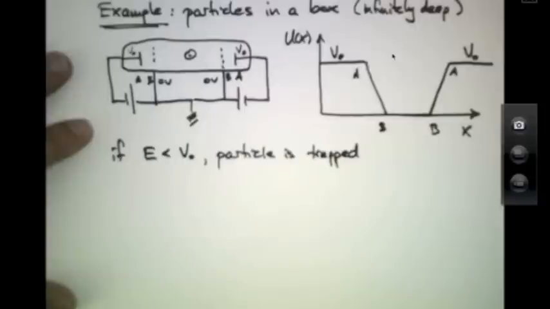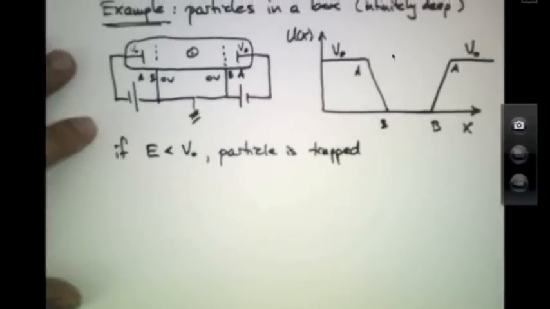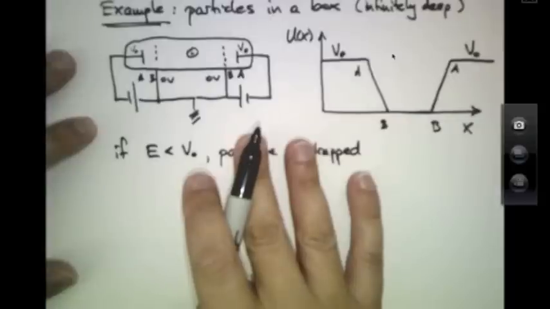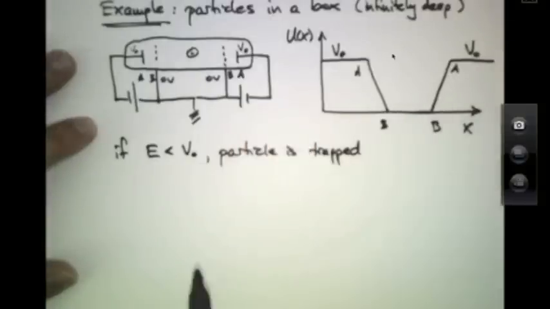So if the energy of this particle happens to be rather small, then it will be trapped. It will be bound inside of this system, and be confined to live within this range right here.